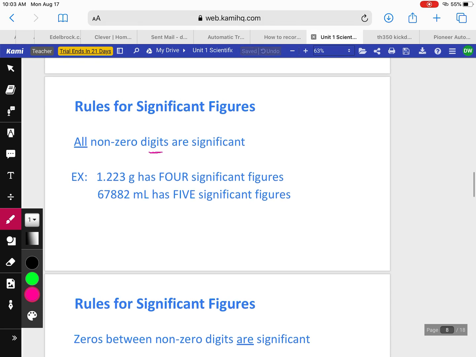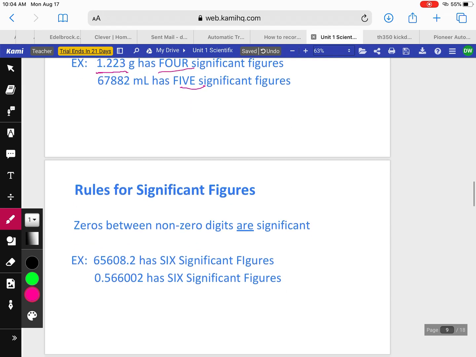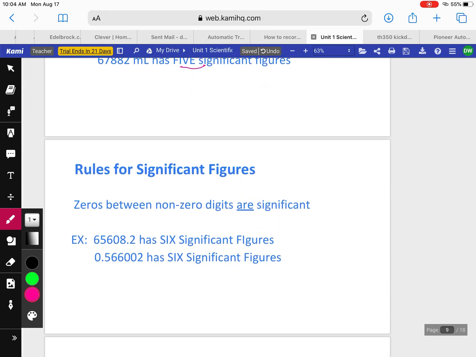So if you notice on the first example, all of the numbers here are non-zero digits. So there are 4 significant figures, 1, 2, 3, 4. On the next value, 1, 2, 3, 4, 5, we've got 5 significant figures. So that is very straightforward, and it should be very easy to figure out. Now, when we get to zeros, sometimes zeros are significant and sometimes they aren't.